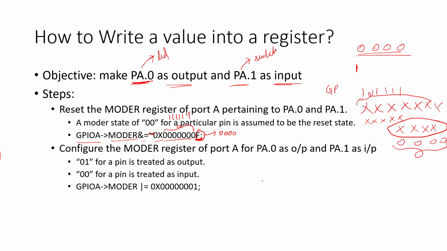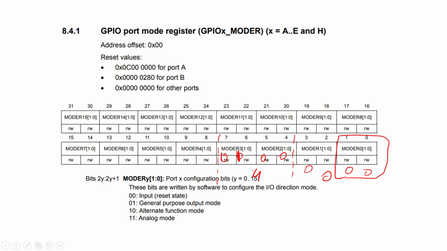So if you go further, here you can see what I want is, let's clear this up. Here you are making port A.0 as output, port A.1 as input. For port A.0 as output, this must be at 01 state, and port A.1 as input, this must be at 00 state.